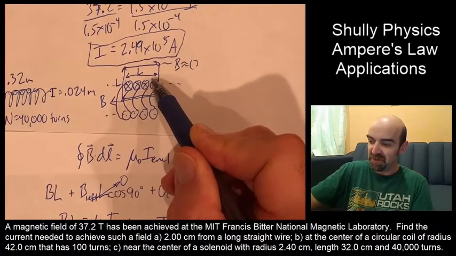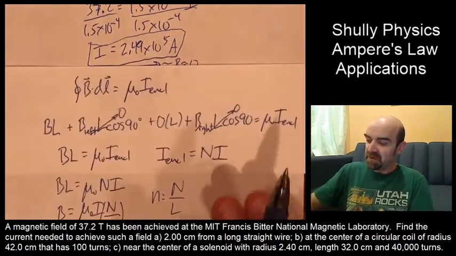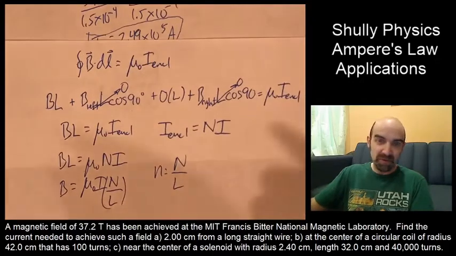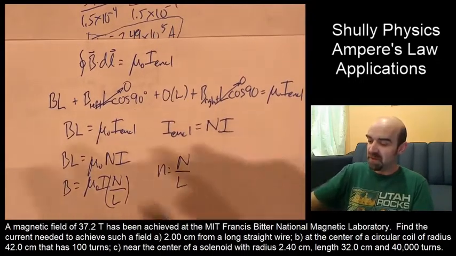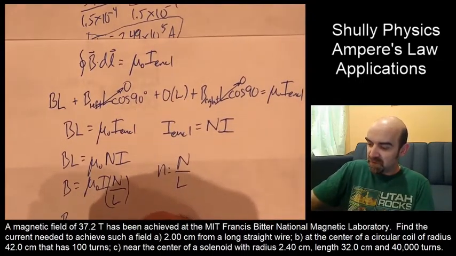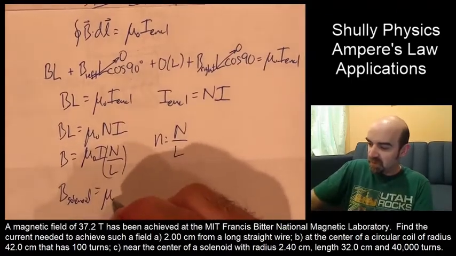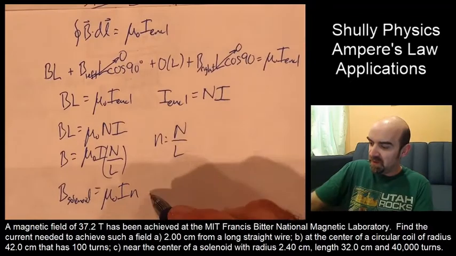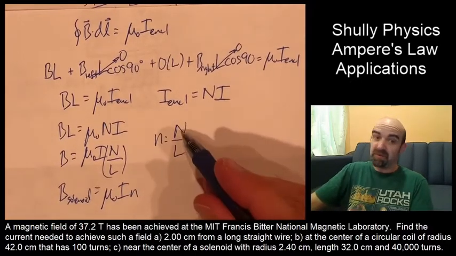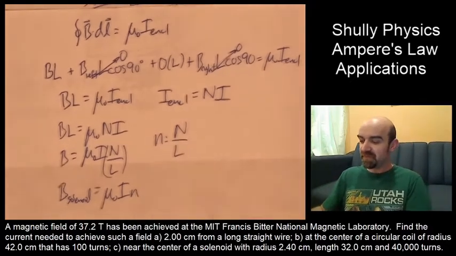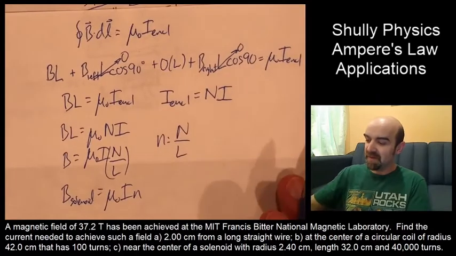Okay, maybe there's 4 turns in a millimeter. So that ratio is going to be the same for the large one or the small one. So for a solenoid, the magnetic field is mu naught I times n, where n is the number of turns per unit length. So I'm ready to solve this now.